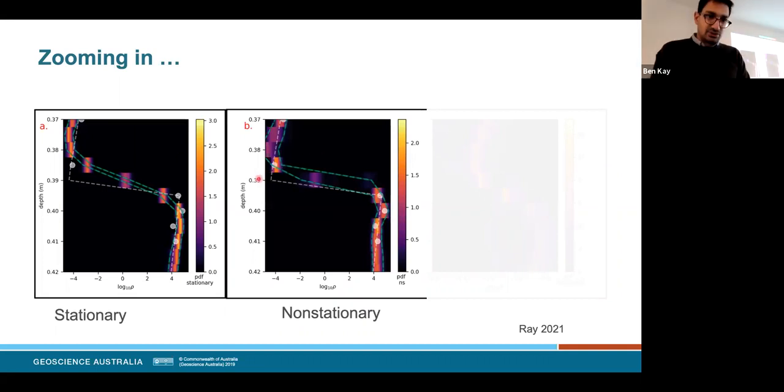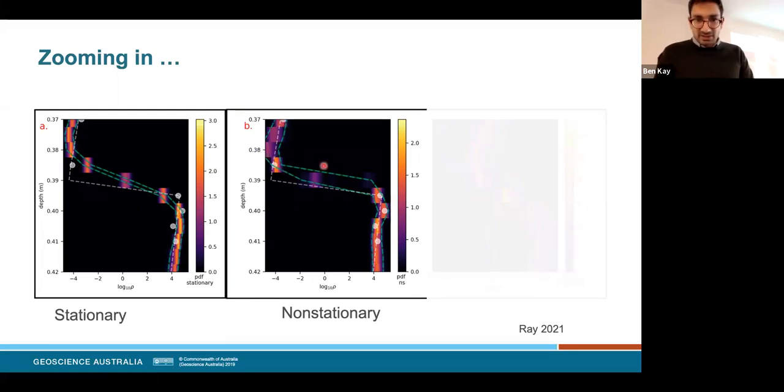So at the location of the jump, what you're seeing is that the true value is given by these dashed lines, and the data points are given by these white circles over there. In the inference, the lighter colors correspond to higher probabilities.